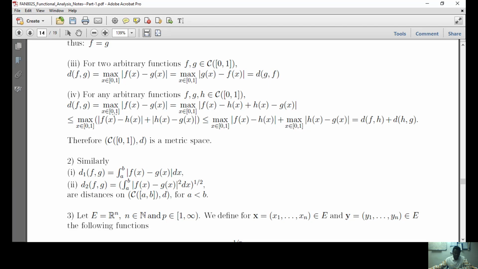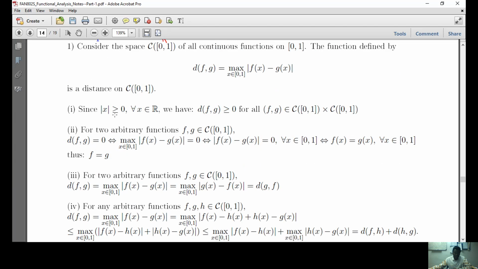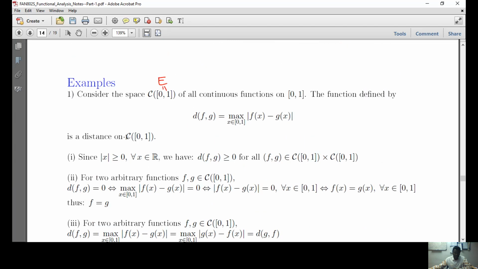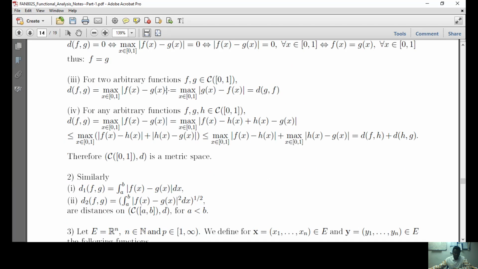The max. That's what we call D infinity, this definition, the max. This is C, continuous functions on the interval [a, b]. If you take this space E with this distance, D infinity, it is complete. It's a complete metric space.